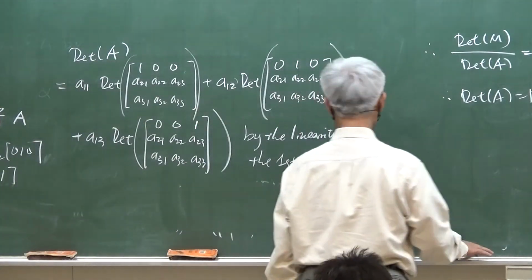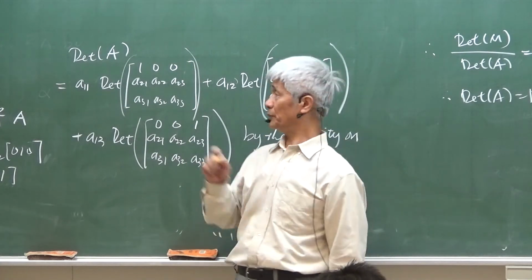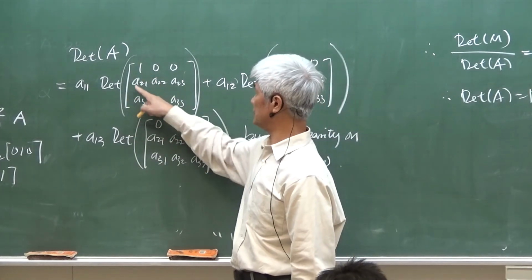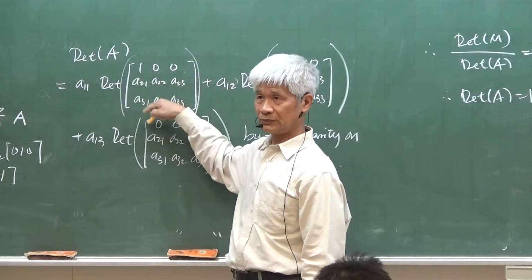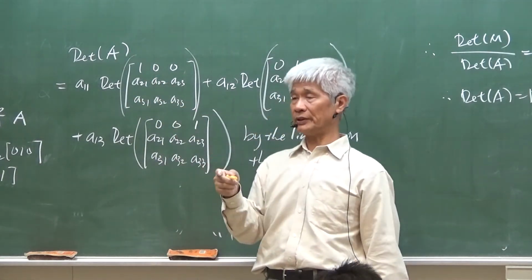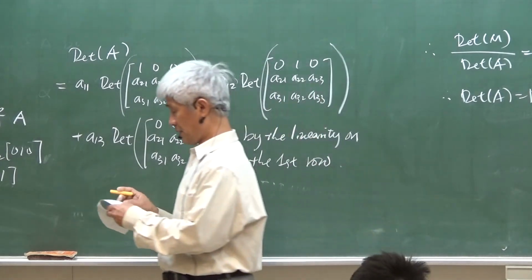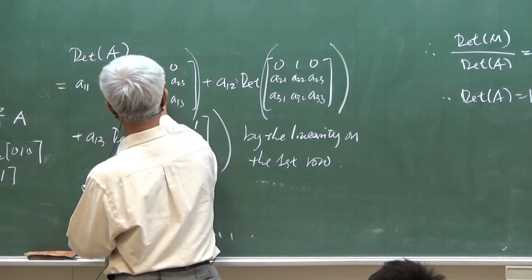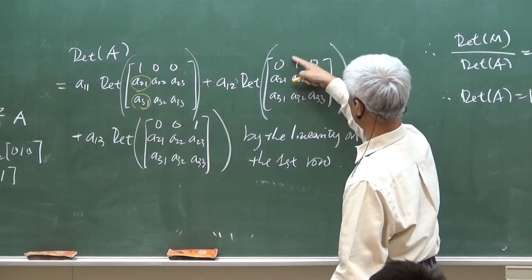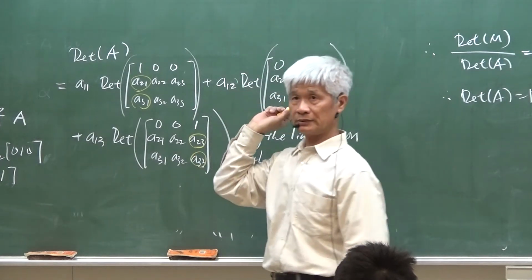Now, we apply replacement row operations. By the replacement operation, we can cancel these two, and when we apply the replacement operation, we will not change the value of the determinant. Also, using the pivot, we can eliminate this one by elimination.